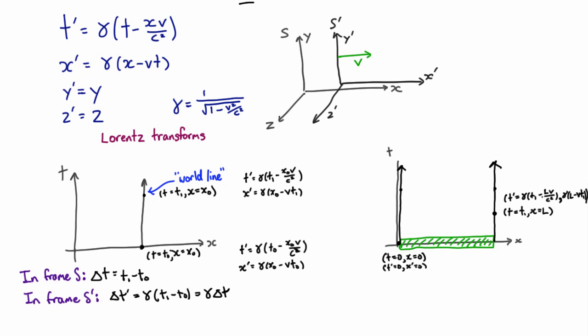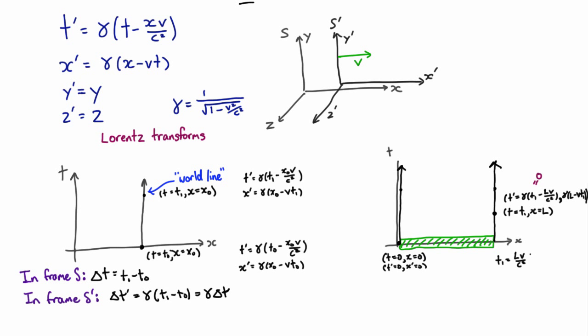Now what I'm going to demand is that this time t dash equals 0. So in other words, I'm going to demand that in the S' frame, these 2 points are at the same time, and then the distance between here and here is going to be the length of my bar. So I'm going to demand that this equals 0, which is going to also demand that t1 equals Lv on c squared.